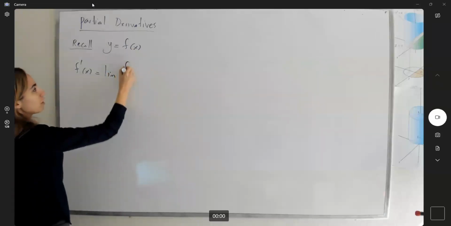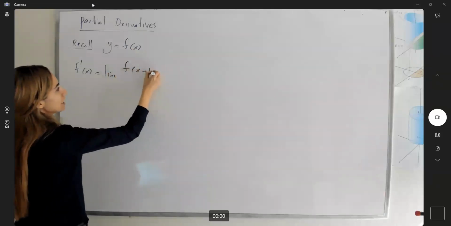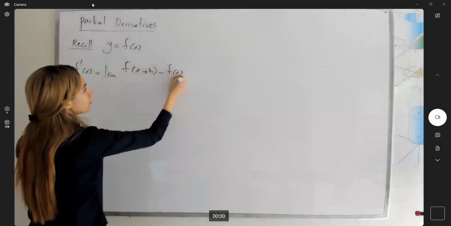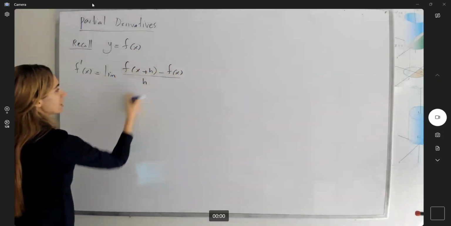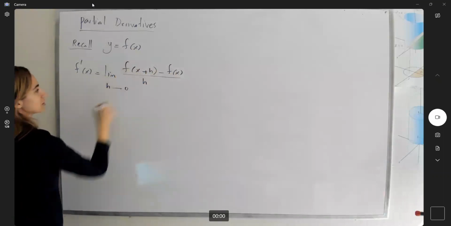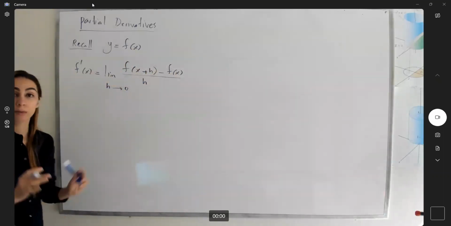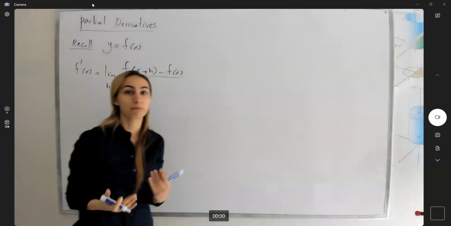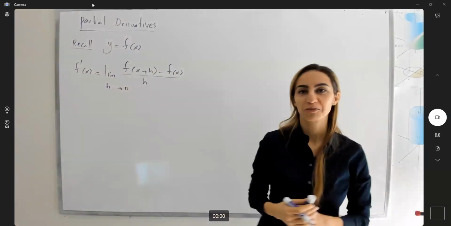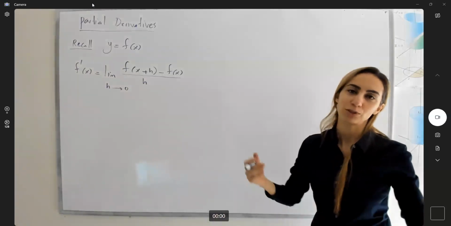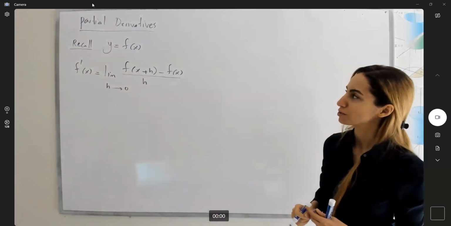The limit of f of x plus h minus f of x over h as h goes to 0. You have one free variable, but in this class, we are defining more free variables. We are defining a function, for example, in two free variables.